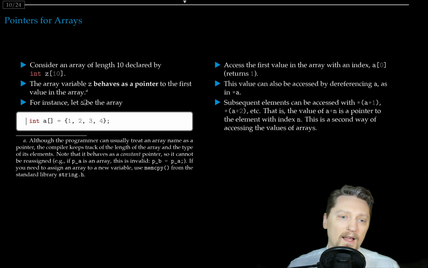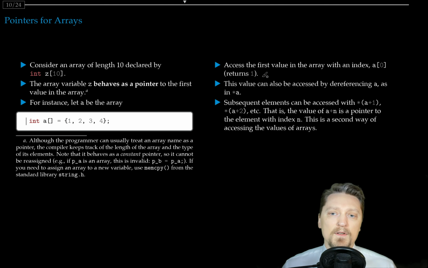For instance, let A be an array. So we're going to give it an array literal to initialize A, an array of integers. We're going to access the first value in the array with an index, so A[0], and that returns 1. This value can also be accessed by dereferencing A, as in *A.